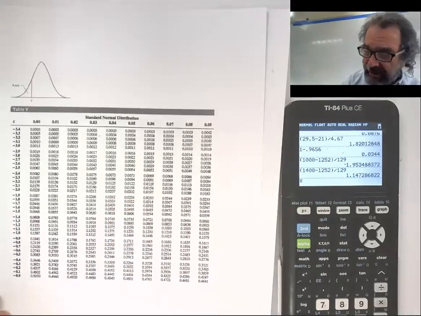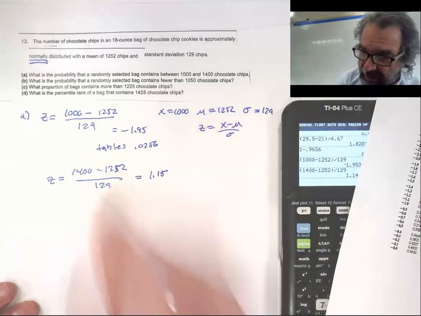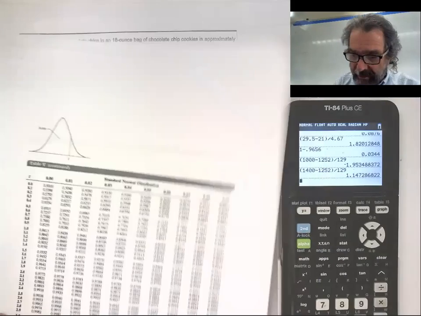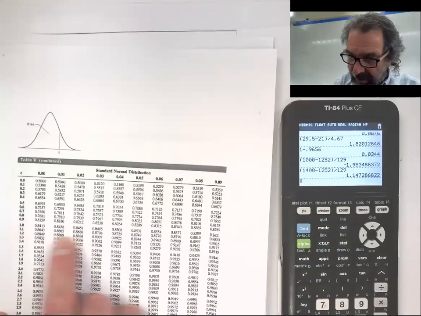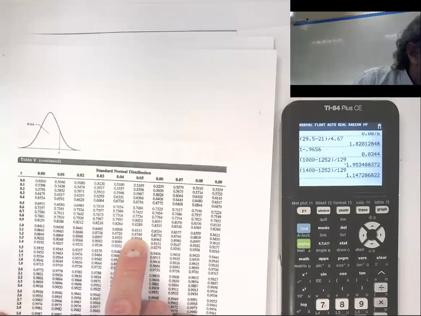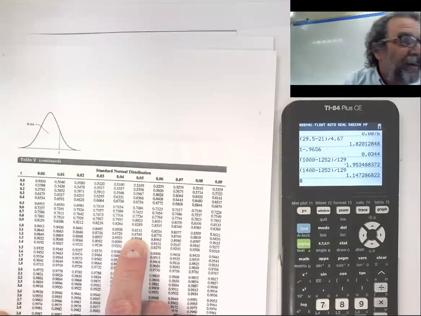0.0256. And then 1.15. You're 1 standard deviation above the mean. 1.15 gives 8749. So below there is 87.49%.